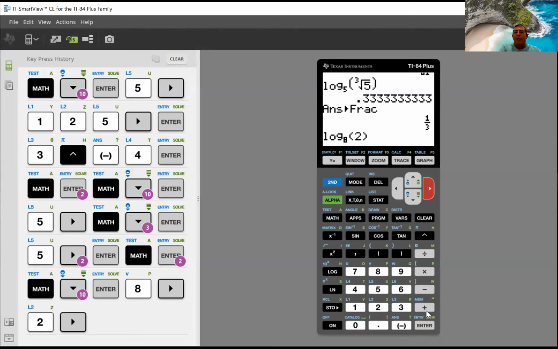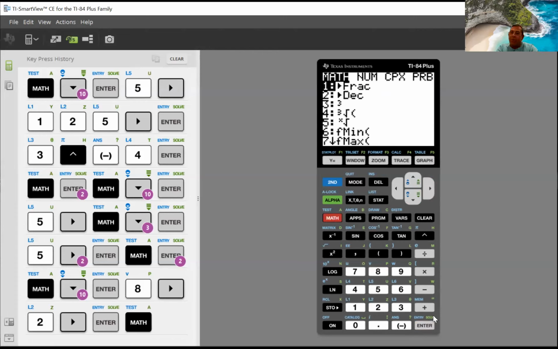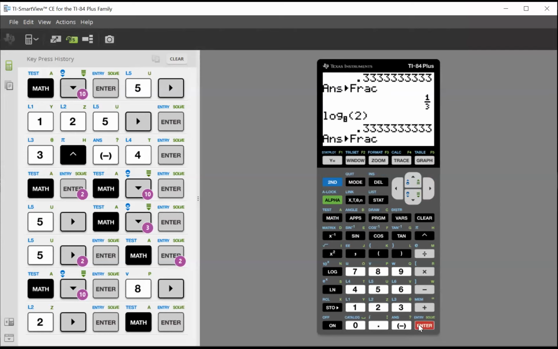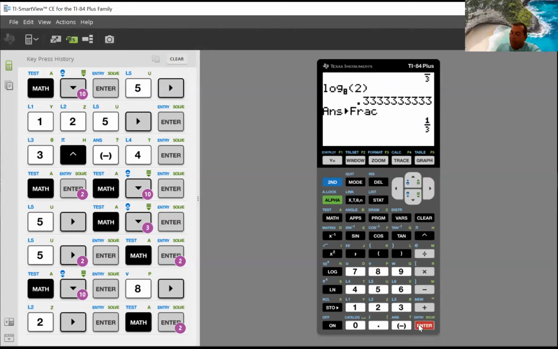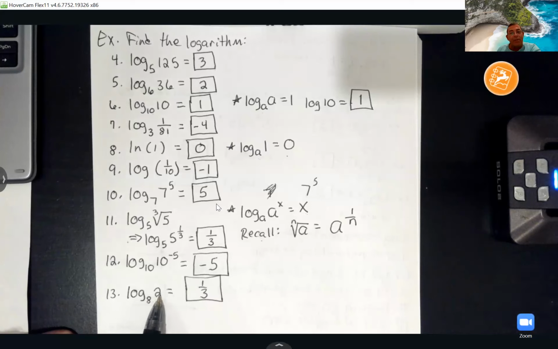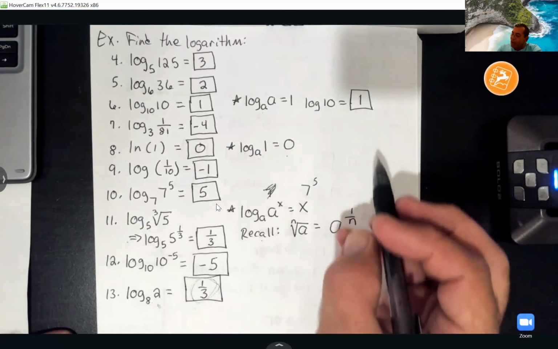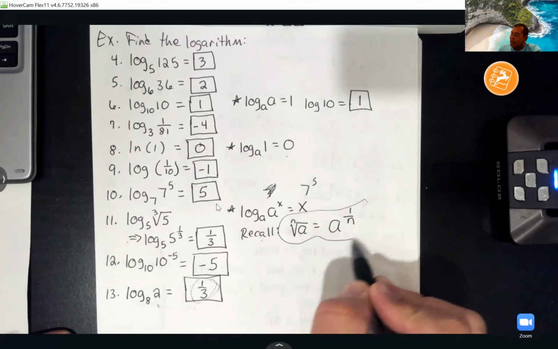When I hit enter, I get 0.33, which I'm going to turn back into a 1/3. Since my exponent is a 1/3, that means you have to take the cube root of 8 to get 2. So remember, fractional exponents are just these radicals.